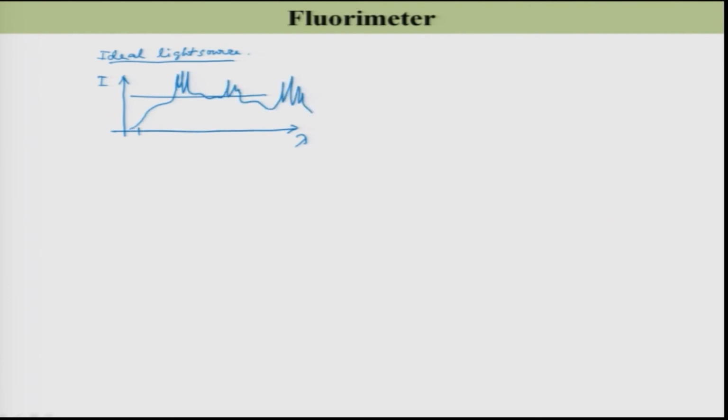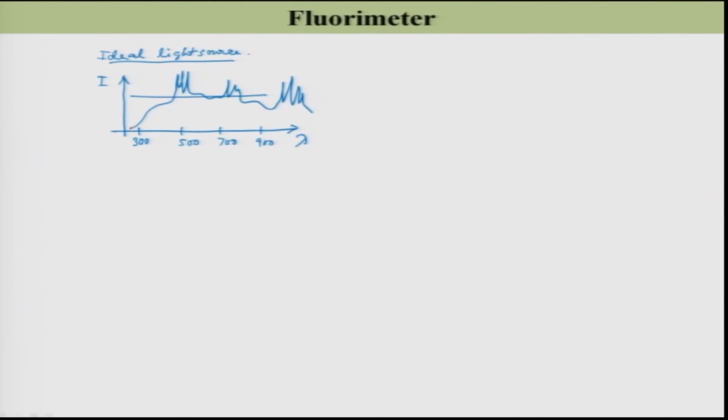Here is your 300 nanometer, this is your 500 nanometer, this is obviously 700 nanometer, this is 900 nanometer. This is the typical... oh, both the colors are the same. So, let me change the color over here.